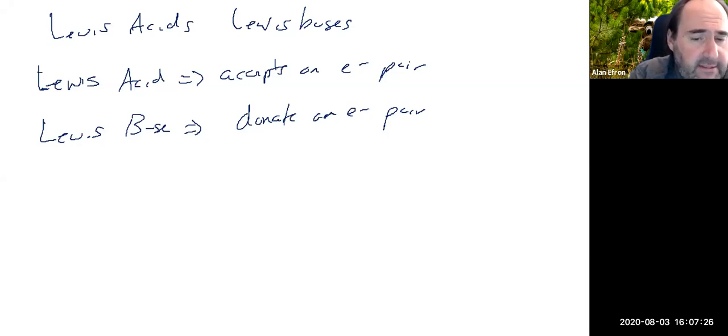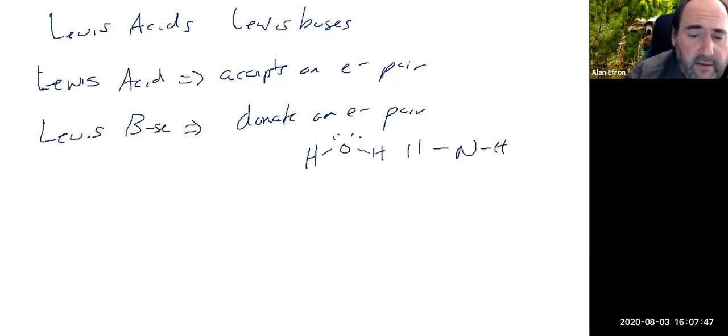Remember that things that have electron pairs to donate make good Lewis bases, and those are typically things that are negatively charged, because that means they have extra electrons. Also things that are polar and have a lone pair of electrons, like water, are good Lewis bases. NH3 is also a very good Lewis base. Sure, Cl minus, for example.